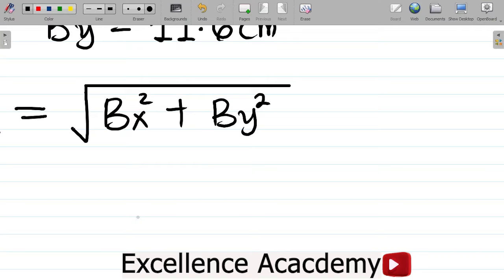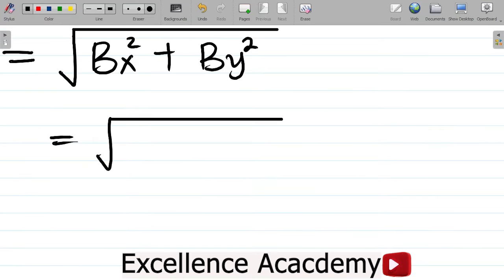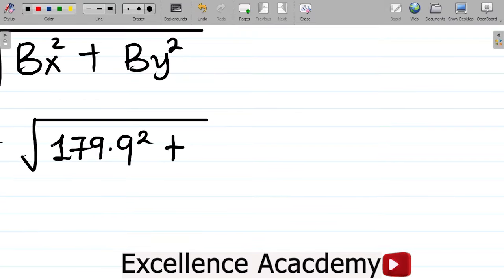That's equal to the square root of, for BX, what's the value? BX is 179.9. That gives you 179.9 squared, plus what's BY? BY is about 11.6, so 11.6 squared.